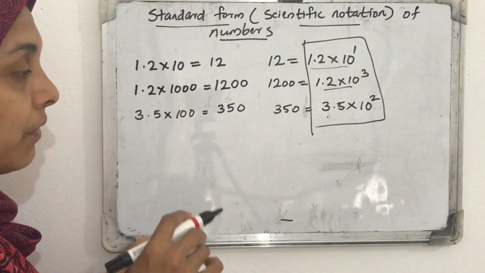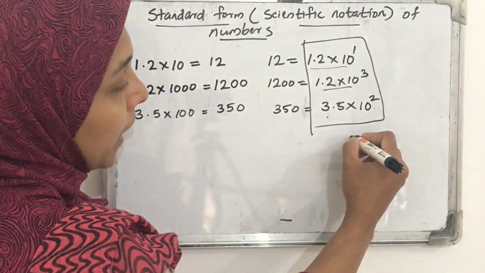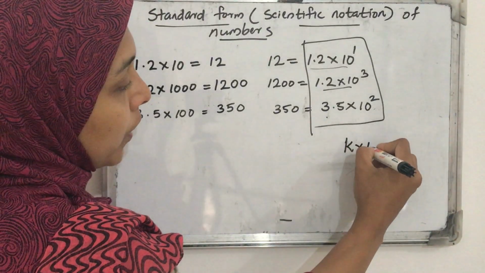Generally, we can say it is of the form k into 10 raised to n.